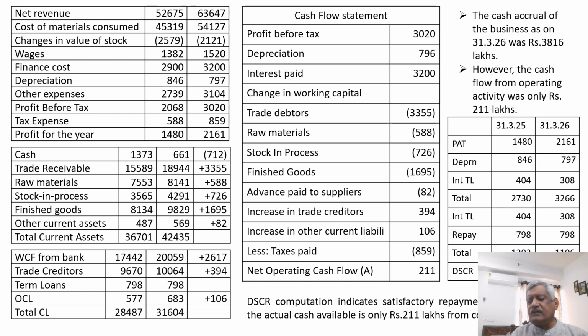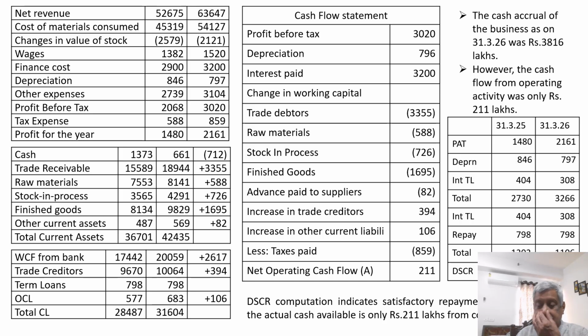So the total fund available is 2730 and 3266, and the repayment obligation is interest on term loan to be repaid, 404 and 308, and the repayment of installment is 798. The total repayment obligation is 1202 and 1106.